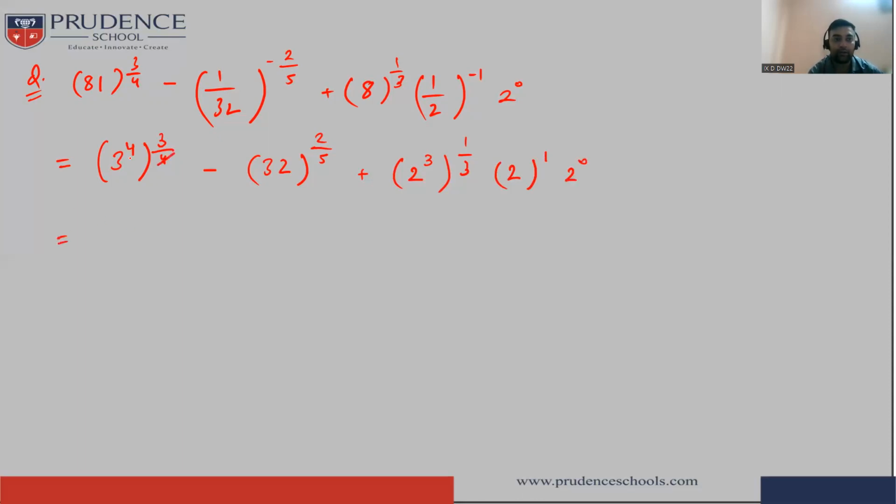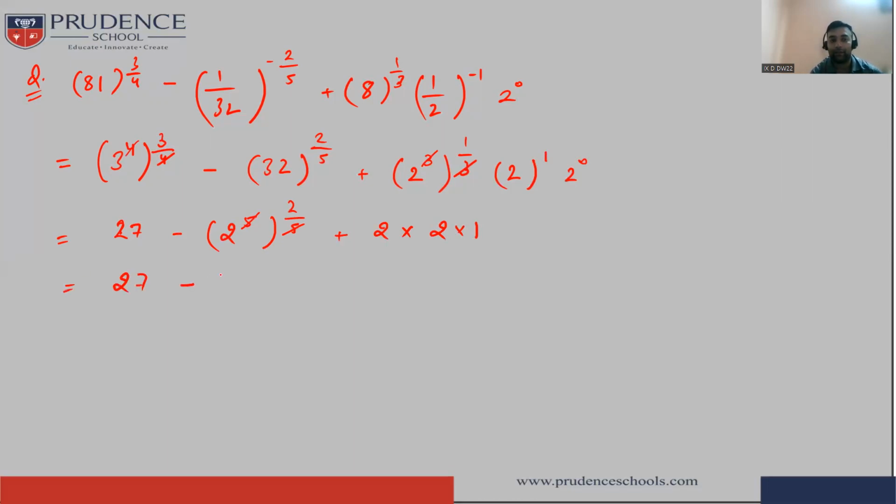So here 4 will cancel out each other. 3 raised to power 3 is 27 minus 32 can be written as 2 raised to power 5 whole raised to power 2 by 5, and this 5 will cancel out each other. Here 3 will cancel out each other, so it will become 2 into 2 into 1.